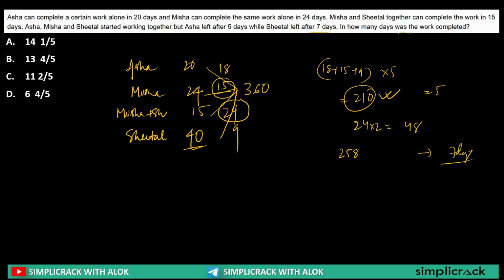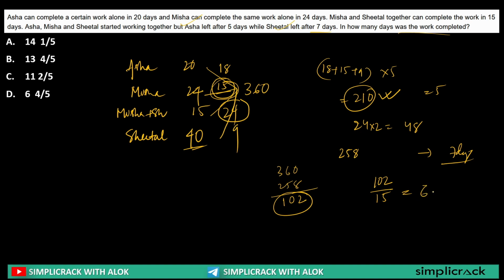Clear? How many days will the work be completed? Asha is gone, Sheetal is gone, Misha is there, that is 15. So out of 360 work, 258 work is gone. So the remaining work is 102. So 102 work will be completed by 15 because this is the efficiency. 15 into 7 can't be done.